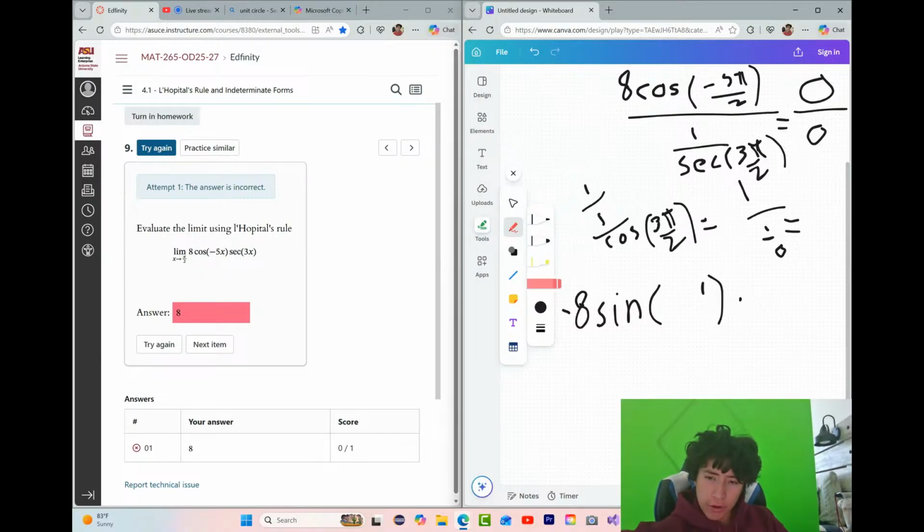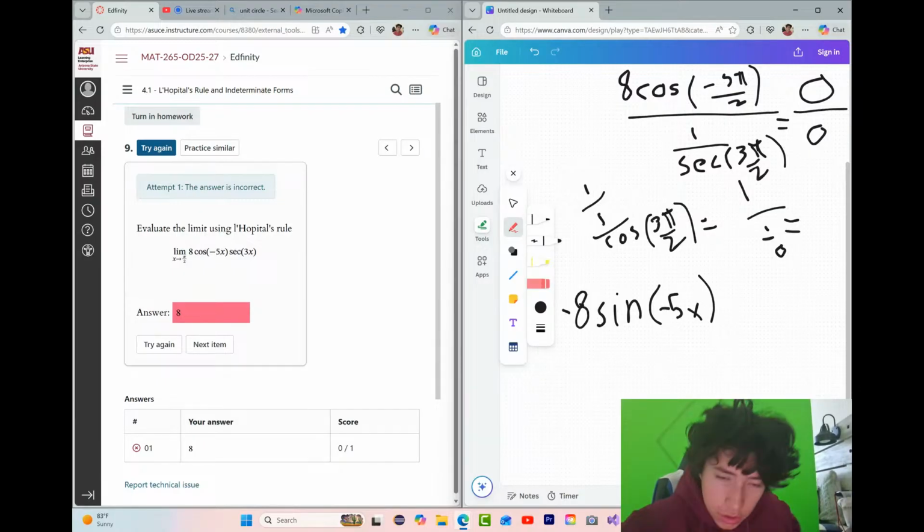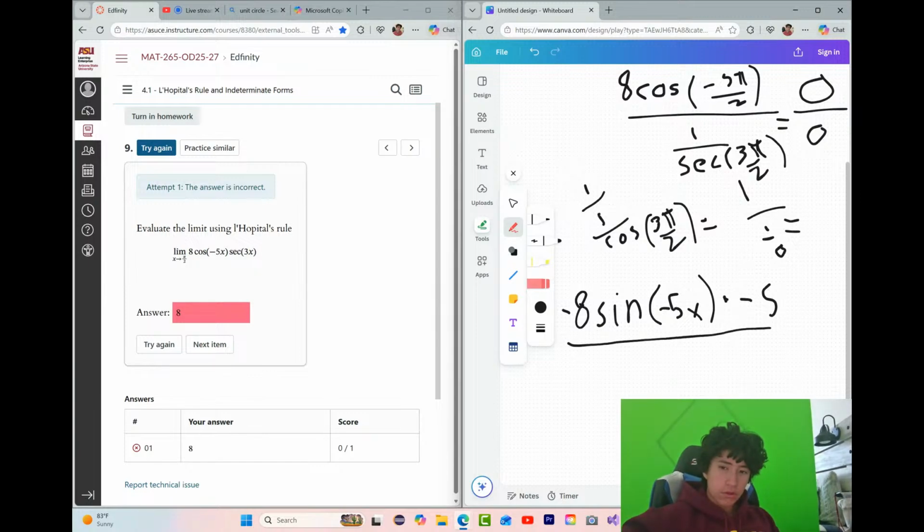So you don't do it here. You don't do it here. You do it in negative 5x. Sorry. Times negative 5. I think negative 5, negative 5. Yeah, a derivative, over 1 over 3 secant of 3x.